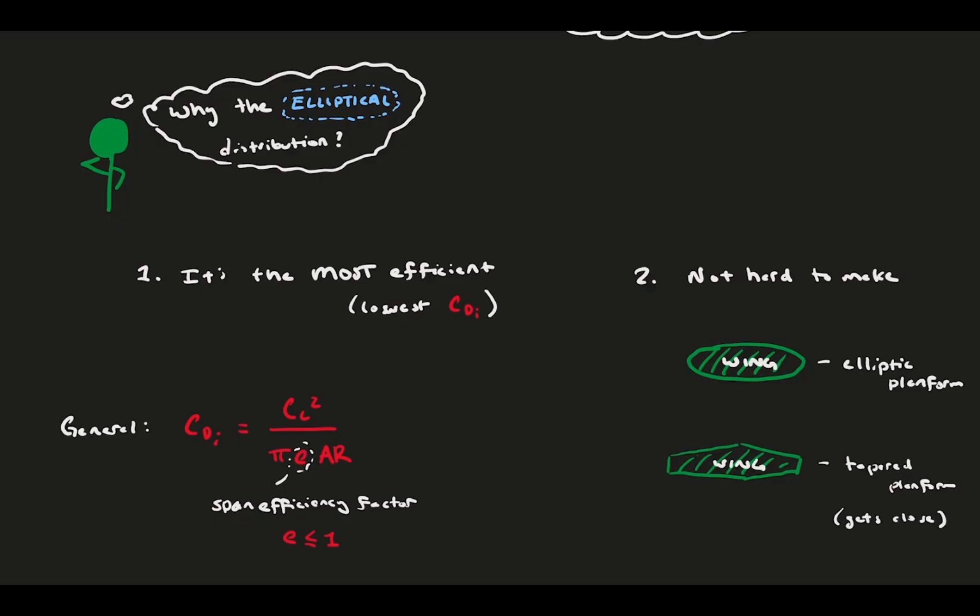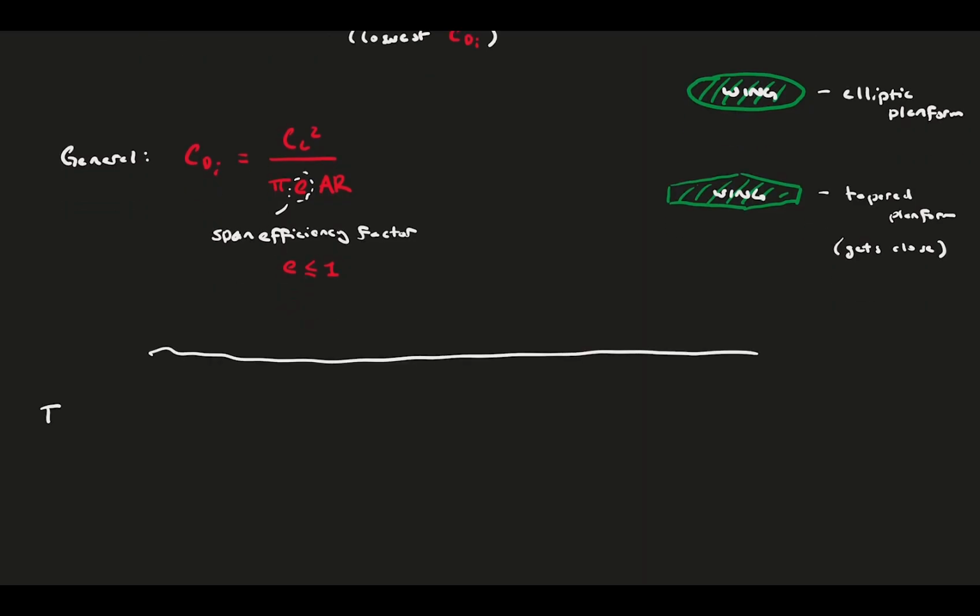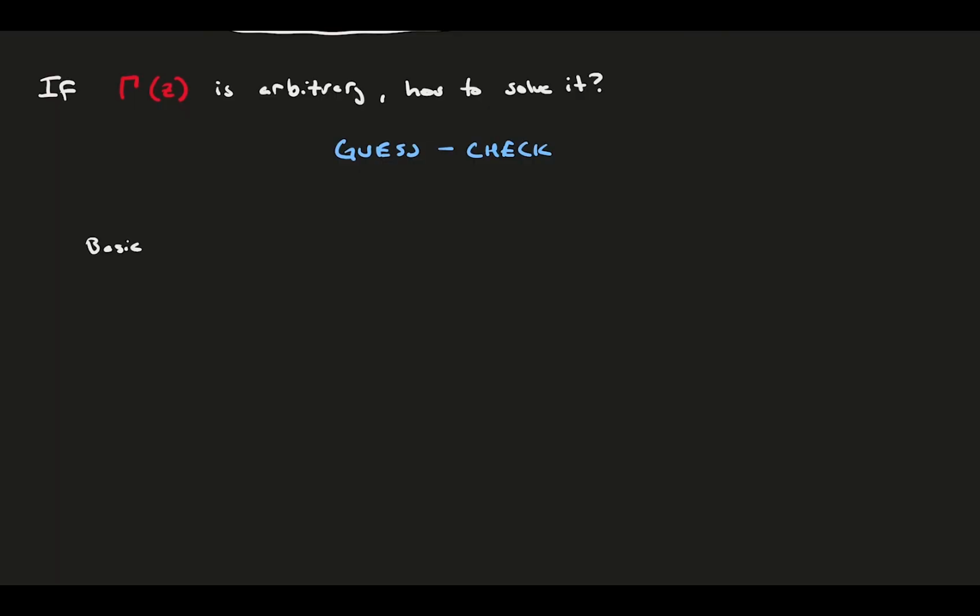But let's say you didn't have an elliptical distribution, and we wanted to realistically solve for the fundamental equation for lifting line theory above. What you would do is the fancy mathematical strategy of guess and check. First, pick a gamma distribution. Probably an elliptic distribution is a good starting point.